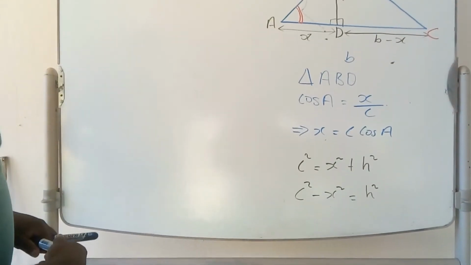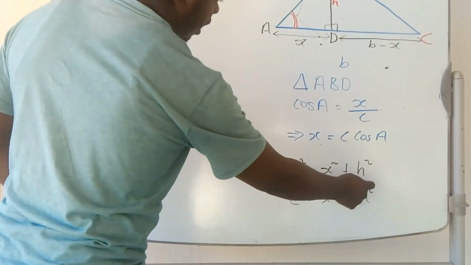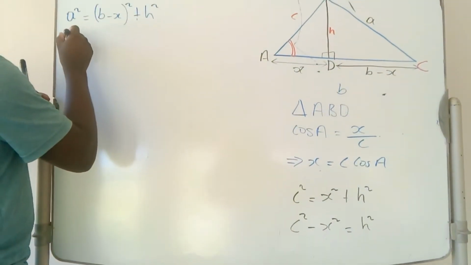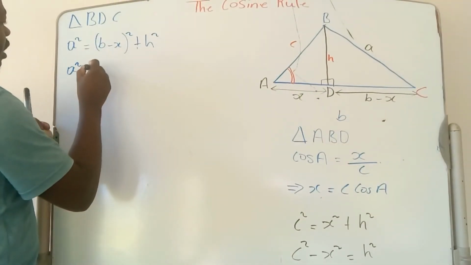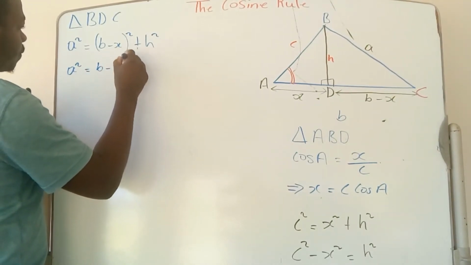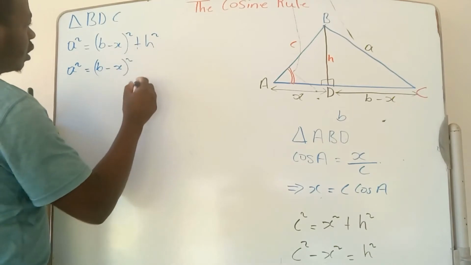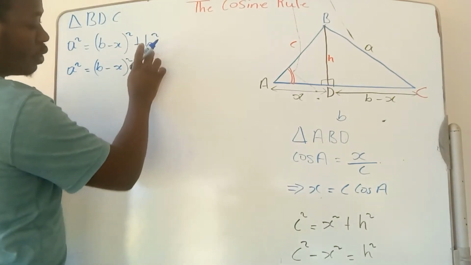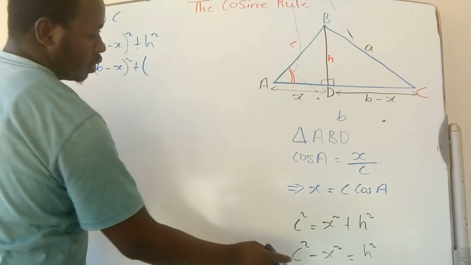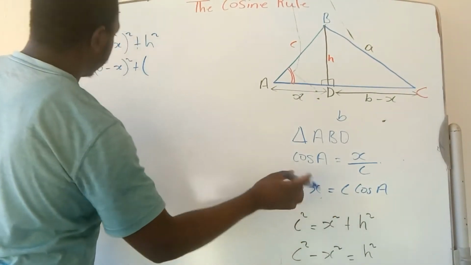If I substitute what h squared is in this equation, I am now going to have a squared is equal to b minus x all squared plus h squared. But what is h squared here? I am going to substitute c squared minus x squared, which is just h squared.